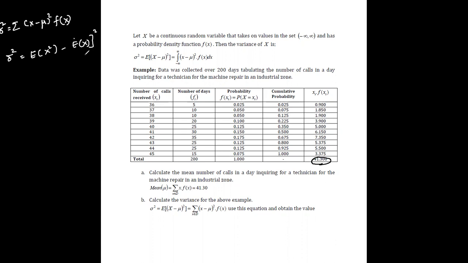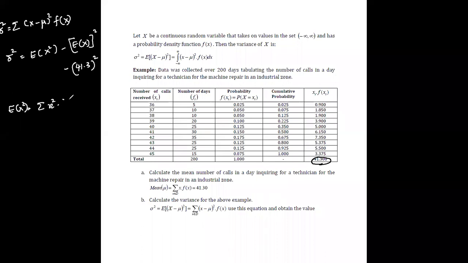It is because we now know the value of E(X), which is 41.3. Now we need to obtain E(X squared), which is the summation of x squared times f(x) or p(x). Now we have to construct this quantity in our table.